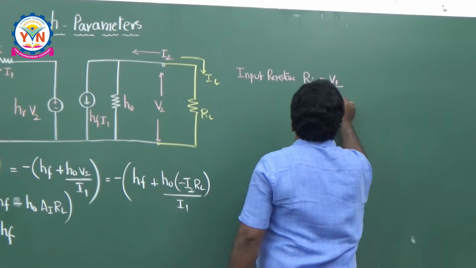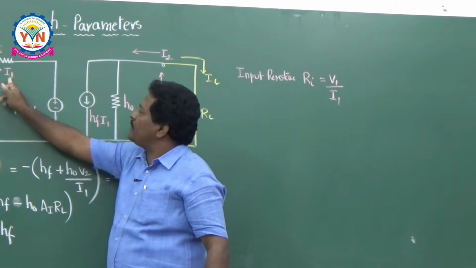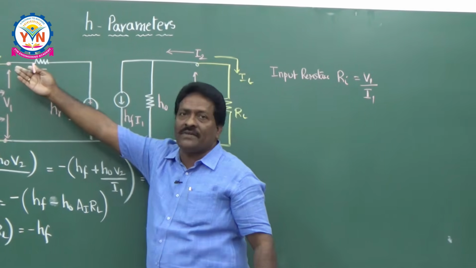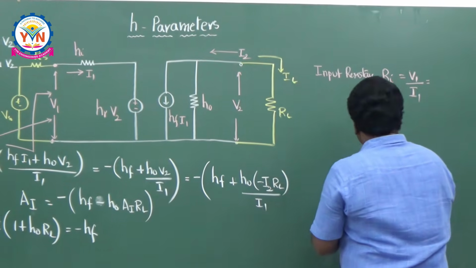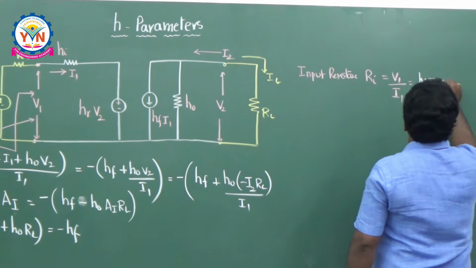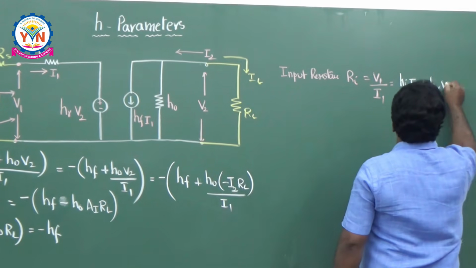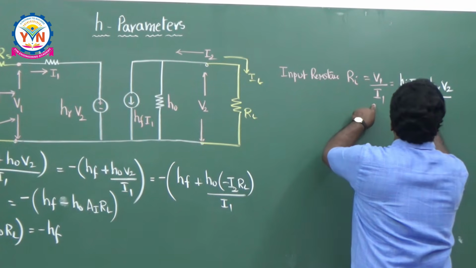What is V1? What is the first basic equation? V1 is HI times I1 plus HR times V2. That is the first equation. So Ri is equal to HI times I1 plus HR times V2, divided by I1.